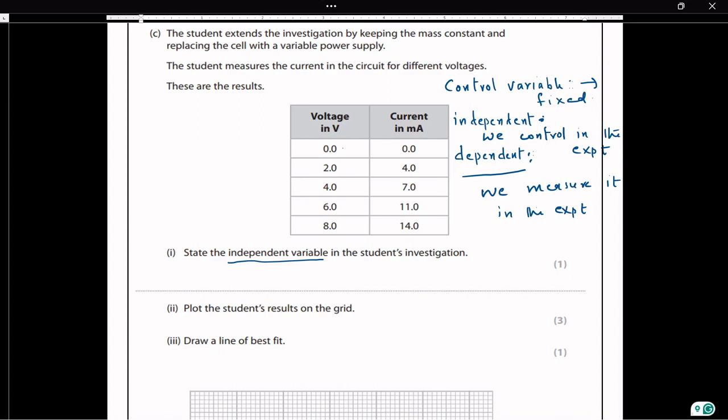He is controlling and keeping the voltage as 0, 2, 4 in steps of 2. He is changing, varying and keeping. So we can say the independent variable is what we control, or we vary, in the experiment. So this is the independent variable.